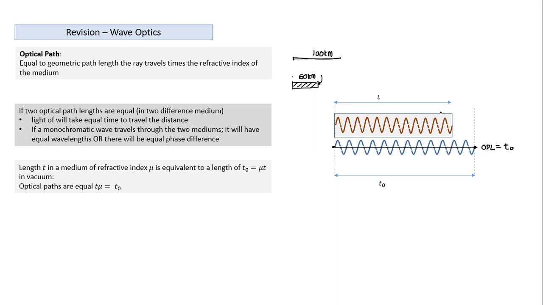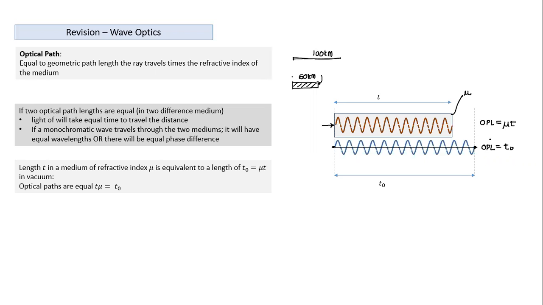In the other medium, the refractive index is mu and the length is t, t being the thickness. If the light travels through it, what would the optical path length be? Light travels in this medium for a physical distance t, multiplied by its refractive index, so it is mu t.